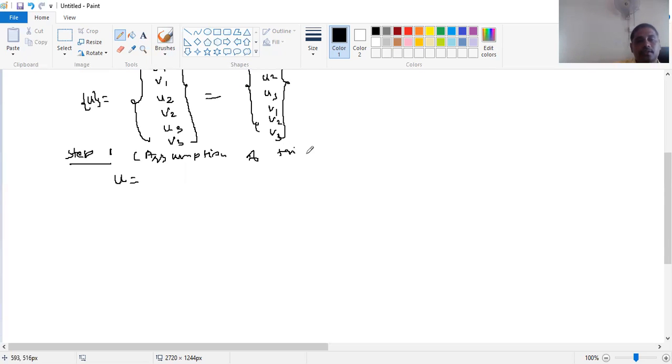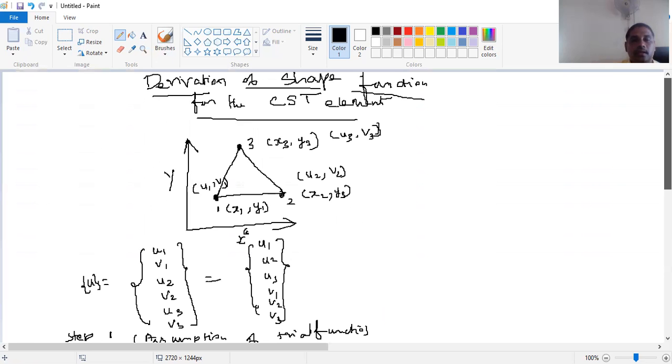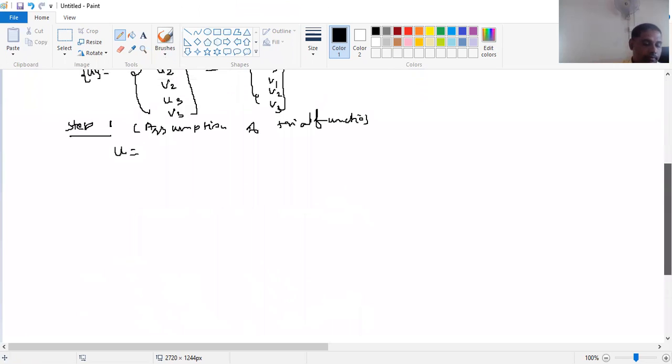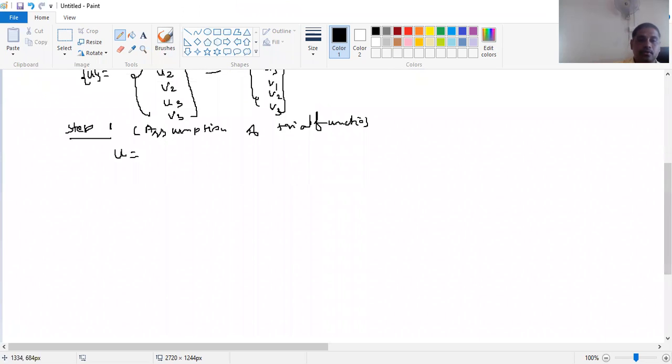As I said, the number of terms in the polynomial equation depends upon the number of degrees of freedom. So here we'll be having 6 degrees of freedom, so the number of terms in the polynomial function will be 6.